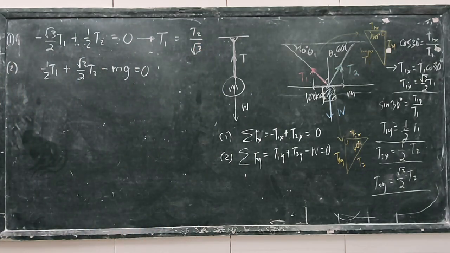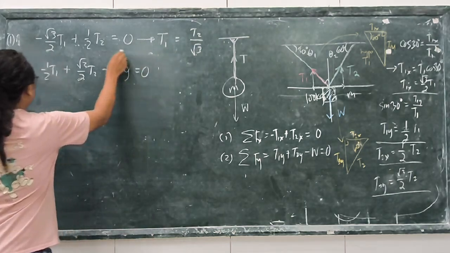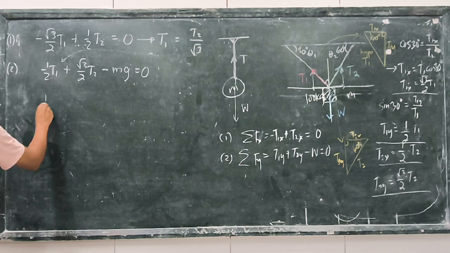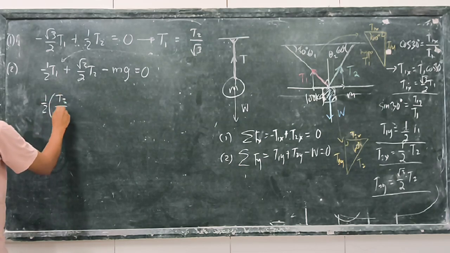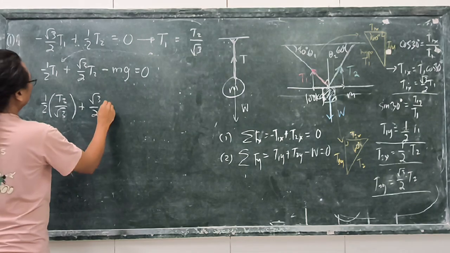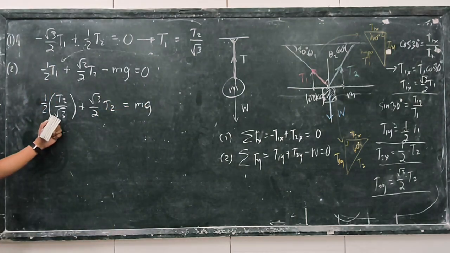That's what you would get from that. Now substitute this to here. So 1 half times T2 over square root of 3 plus square root of 3 over 2 T2 equals mg. We can now solve T2, right?